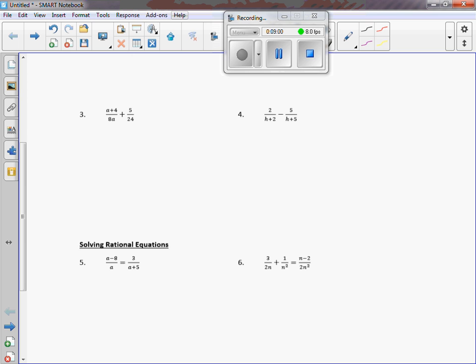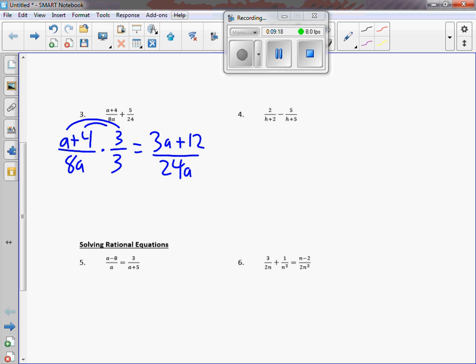How can I turn 8 into 24? I can multiply it by 3. So we'll do a plus 4 over 8a times 3 over 3. On top we distribute, so we get 3a plus 12 over 24a.